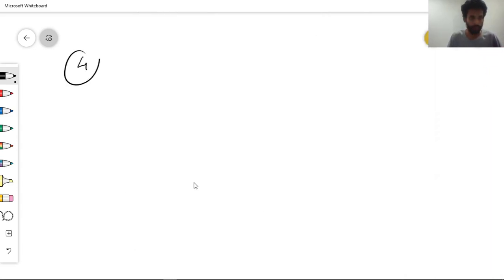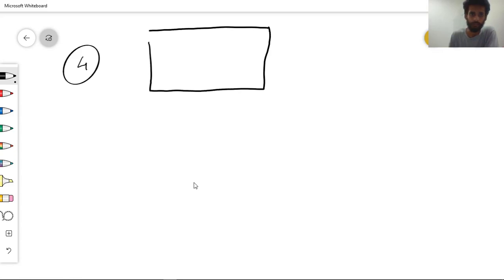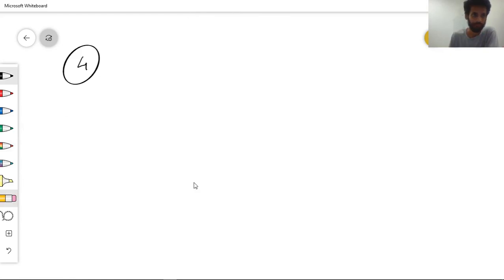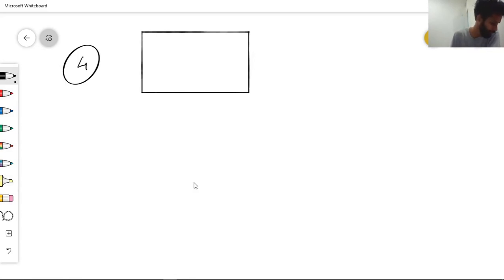Now question number 4. Find the cost of fencing a rectangular park. This is the same. I don't know why it is not working now. It worked. Okay, so first of all, this is a park. A, B, C, D is a park.